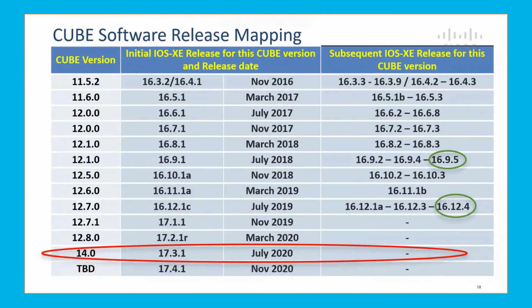The latest one is Cube version 14.0 that is part of iOS XE 17.3.1, which just came out as of this recording. However, the most recommended releases that customers are using in the field are iOS XE 16.9.5 and 16.12.4 as of the recording. So 16.12.4 is the one I would recommend for all Cube deployments, whether premises or cloud, something to consider.